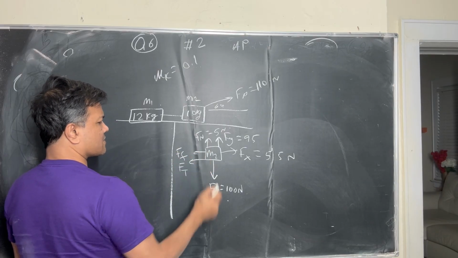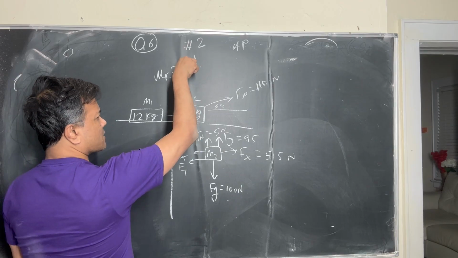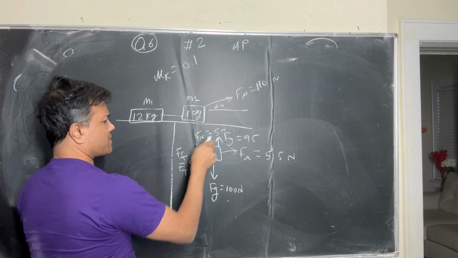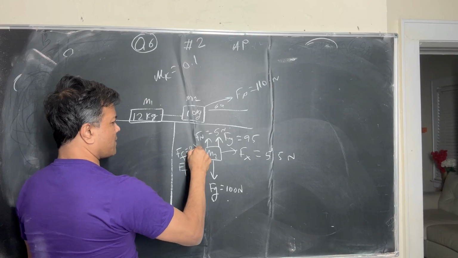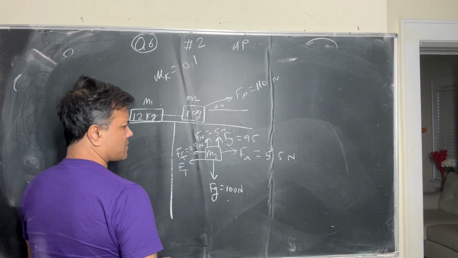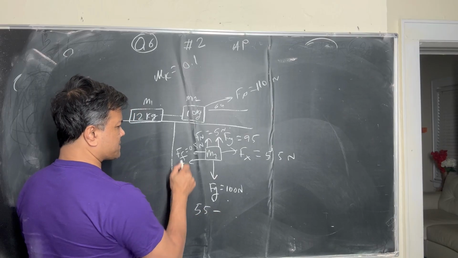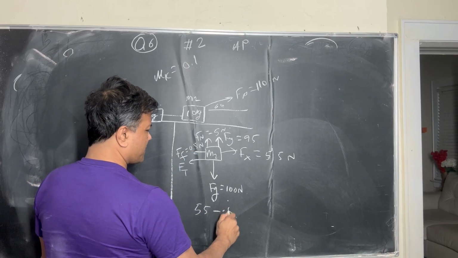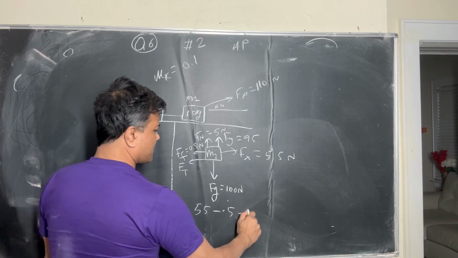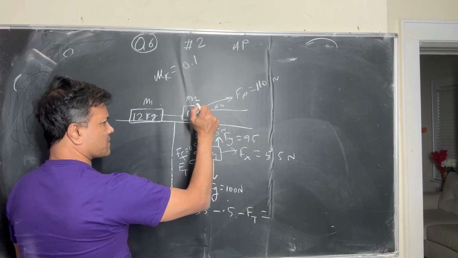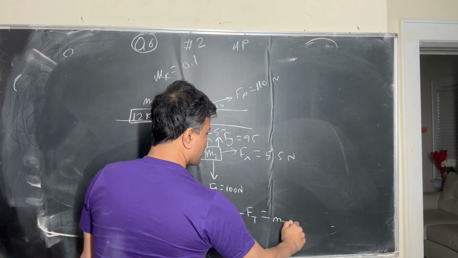Ff, 0.1 times 5, 0.5 Newton. You have 55 minus 0.5 minus Ft is equal to M2A.